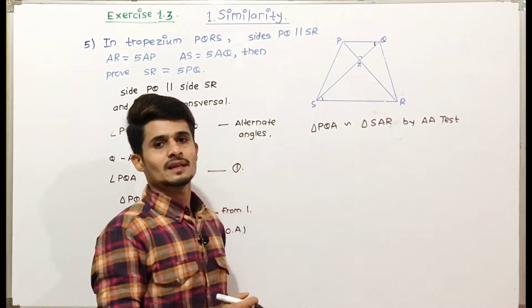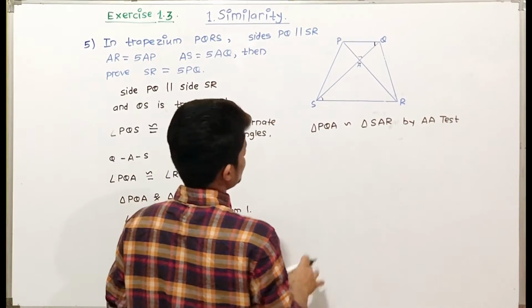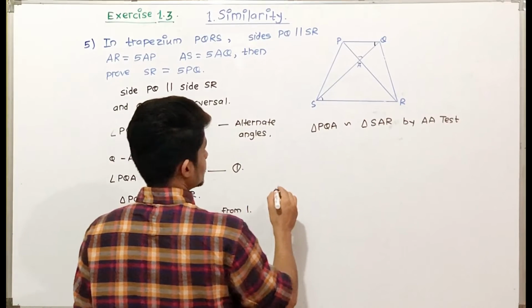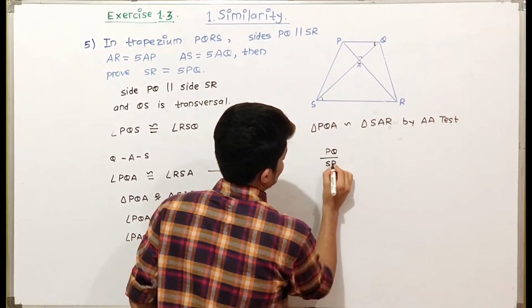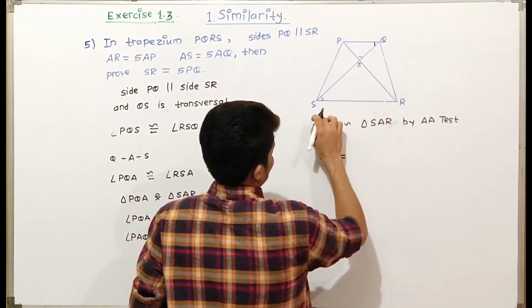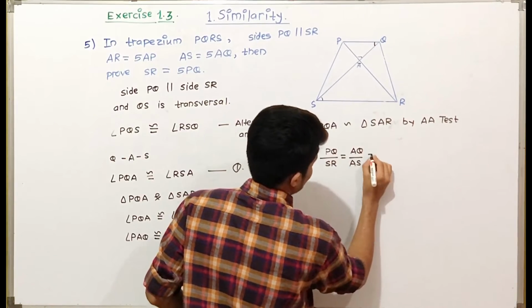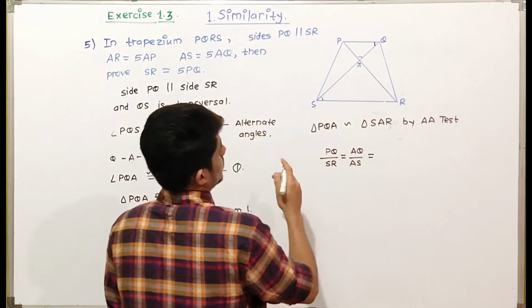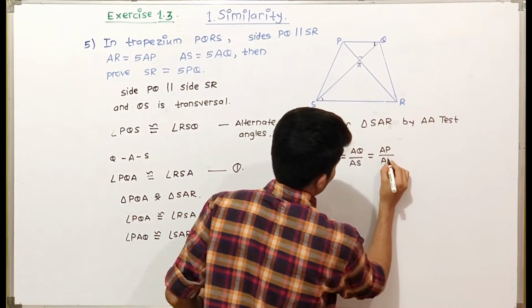Now once the triangles are similar, we will take the corresponding sides in proportion, that is PQ upon SR is equal to AQ upon AS, which is equal to AP upon AR.